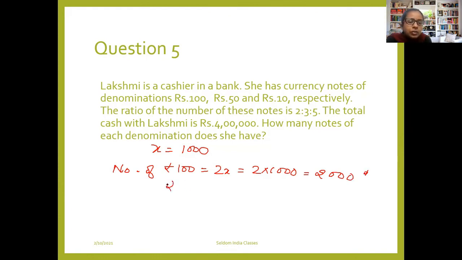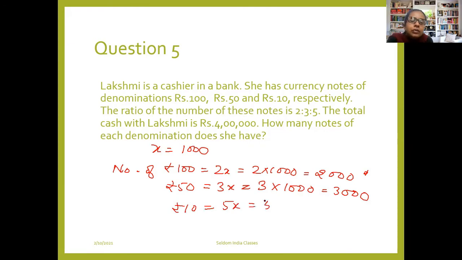Similarly, rupees 50 was 3x, so 3 into 1000, so 3000 notes. Rupees 10 notes were 5x, so 5 into 1000 is 5000. So Lakshmi has 2000 notes of 100 rupees, 3000 notes of 50 rupees and 5000 notes of 10 rupees.